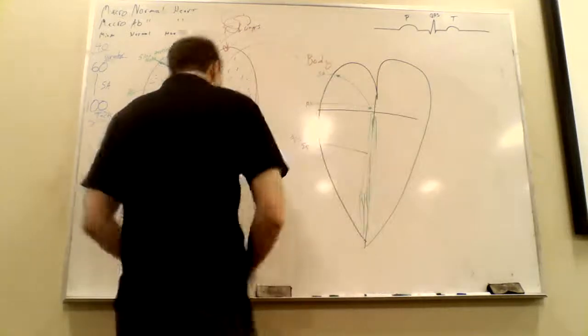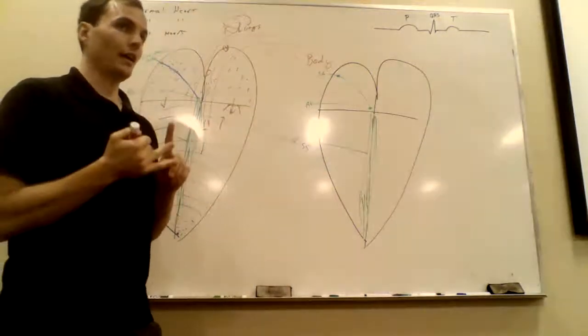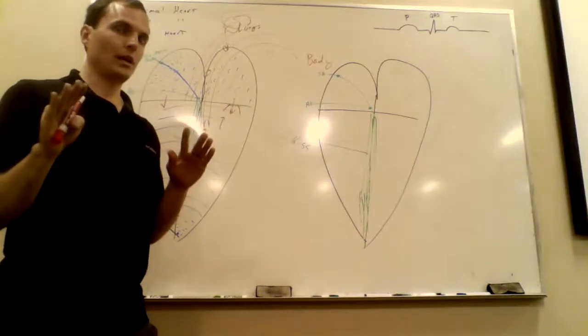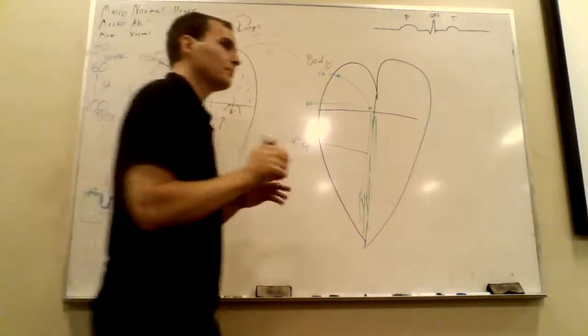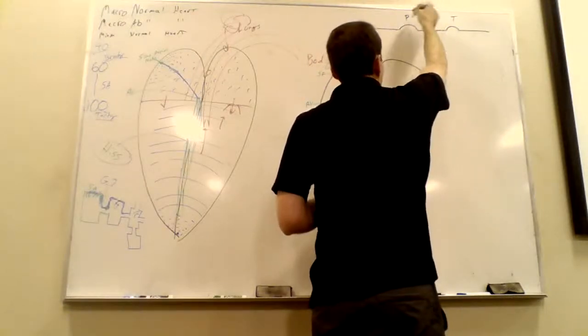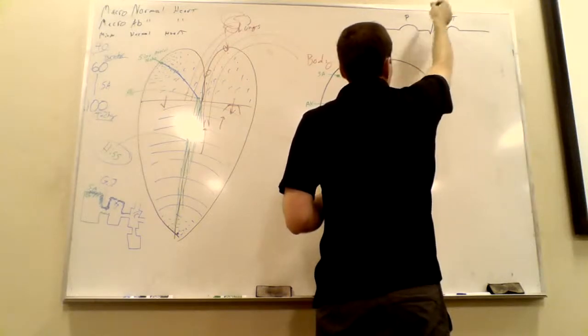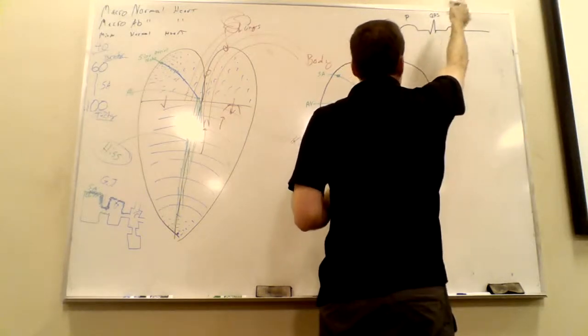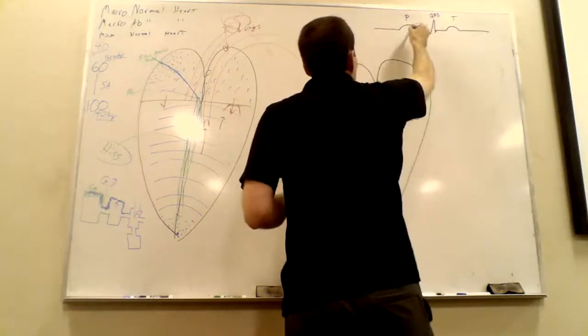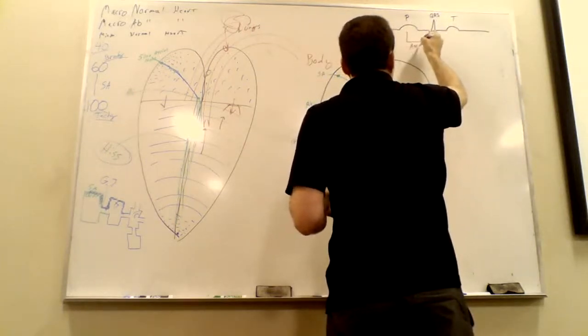Now, there are details, and I'm going to encourage you to look at segments and intervals on your own time. We're not going to hit those, but they are important. So the P to R, P to S, P to Q, whatever, interval and segment, and QRS to T, interval and segment, those are things you should know. But we're going to talk about concepts first.